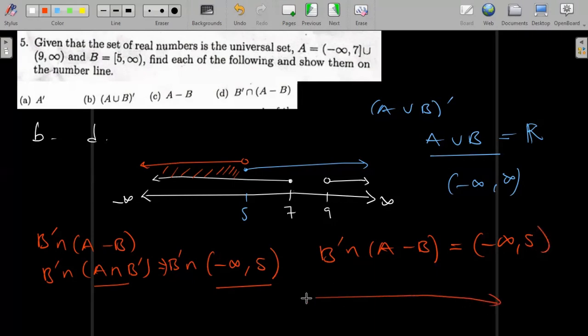And on the number line, we have 5 there, open, and all the way up to negative infinity. So this is how your set B complement intersect A minus B is going to look.